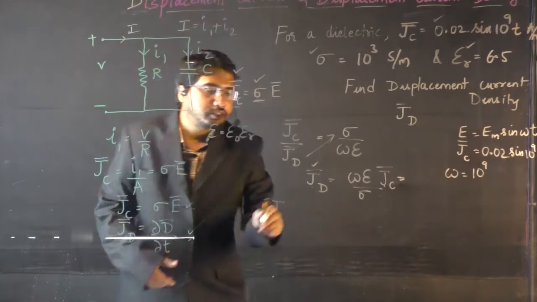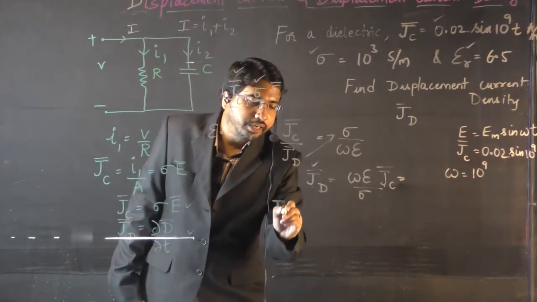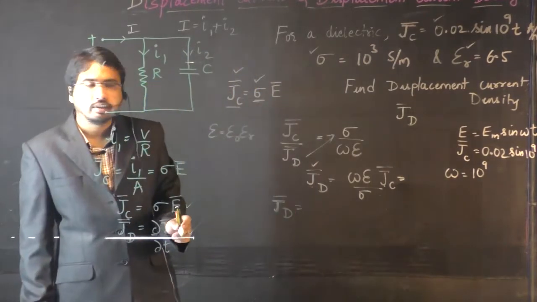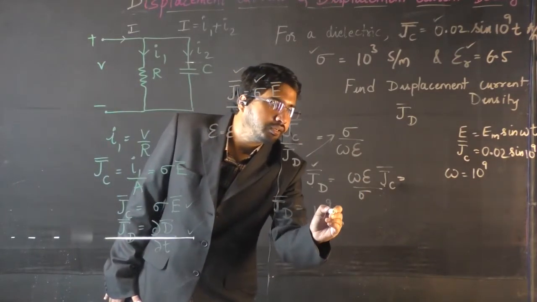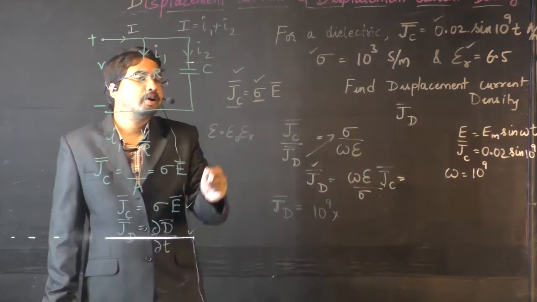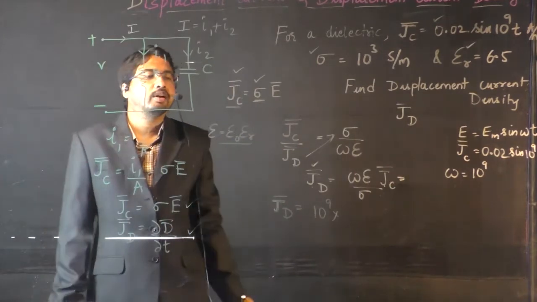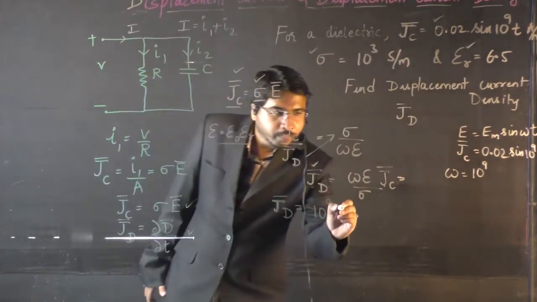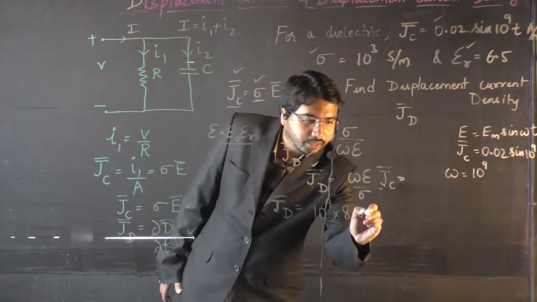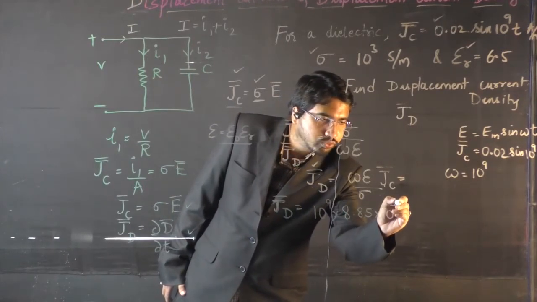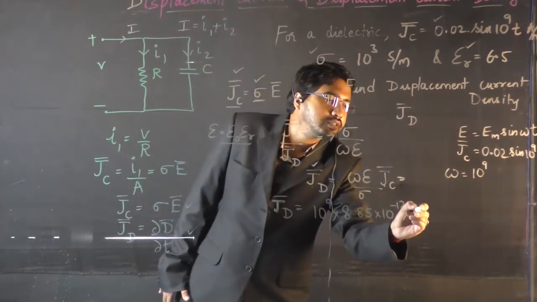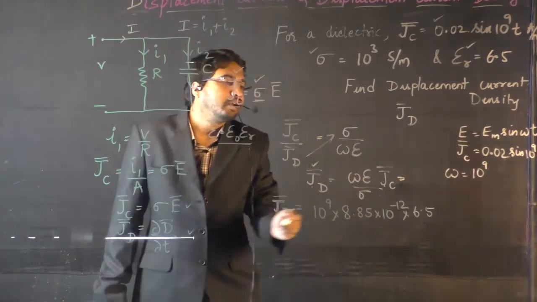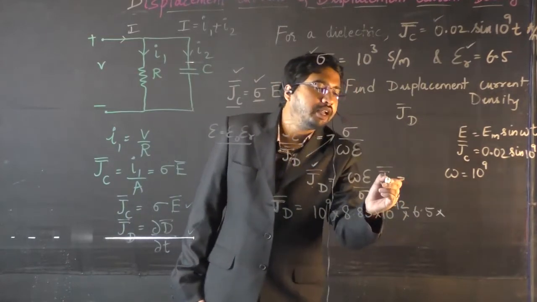So your displacement current density JD bar is equal to omega, which is 10 power 9, into epsilon. Epsilon is epsilon naught into epsilon r. That means epsilon naught is 8.85 into 10 power minus 12, into epsilon r, which they have given in the question as 6.5, into the Jc value.